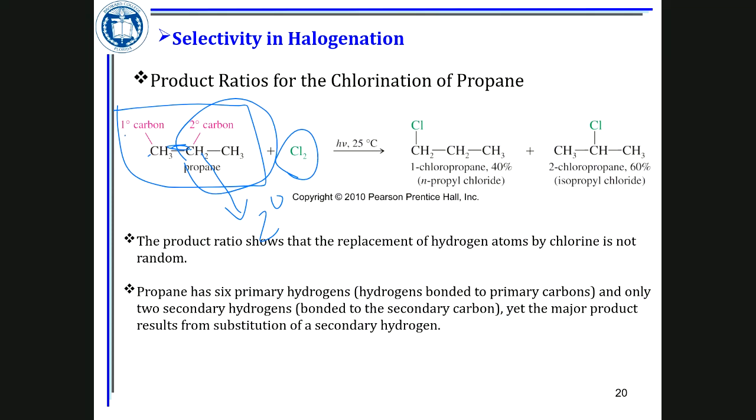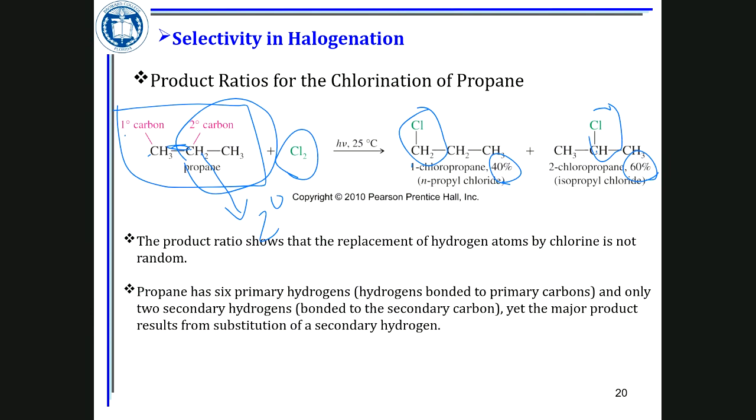Now, if the primary hydrogen is replaced by chlorine, you get only 40%. When the secondary hydrogen is being chlorinated, or the secondary carbon being chlorinated, or the secondary hydrogen is being replaced with chlorine, you get 60%. So 60% of the product is going to be the secondary product, and 40% is going to be primary.